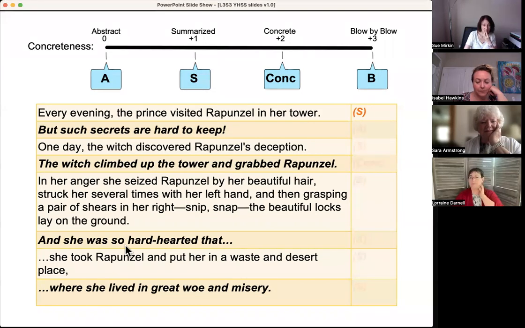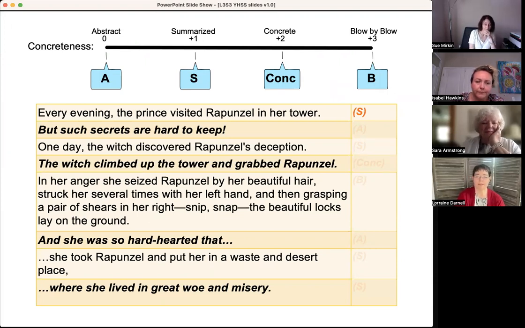Yes, such secrets are hard to keep. There's no action at all, right? It's an important part of the story, because in this case, a little sense of portent, right? And knowing that secrets are going to be an important part of it, but no actual characters or settings were disturbed in the making of this statement, right?